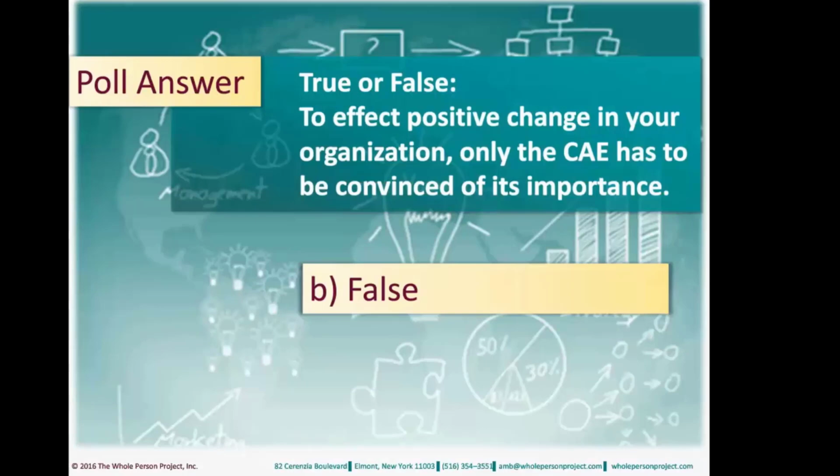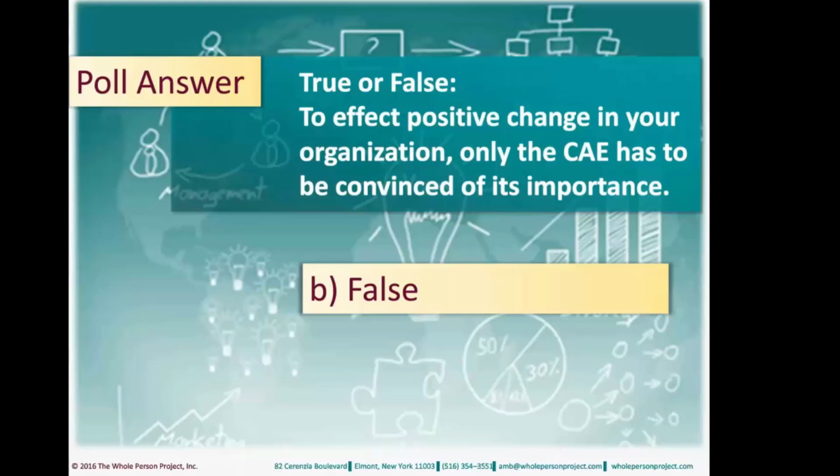So I can tell we have experienced folks in the area of change management out there. I think it's real easy for folks to, and I'm going to use a strong word, blame leadership. In some cases leadership is to blame, so it's not unusual, but to solely put everything on the CAE's shoulders is absolutely patently false.